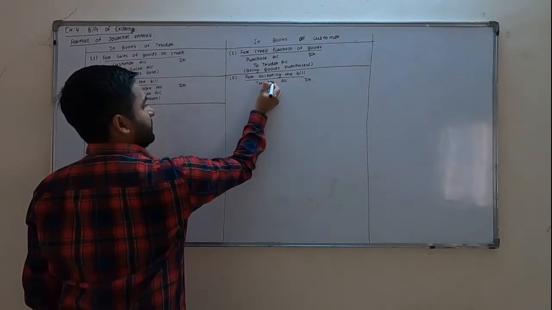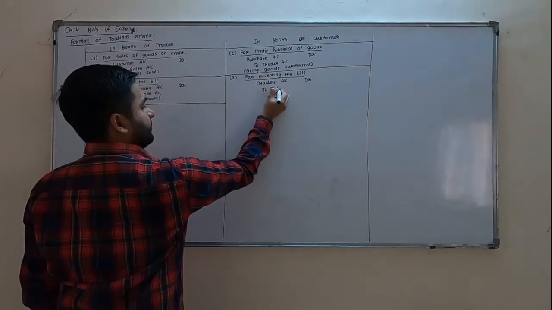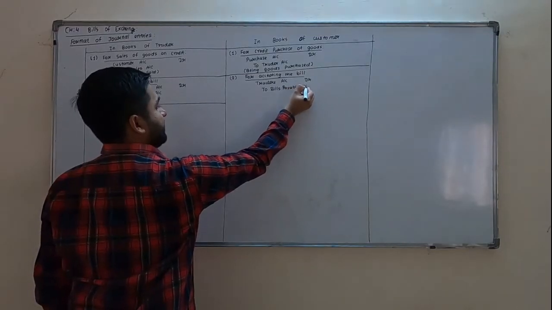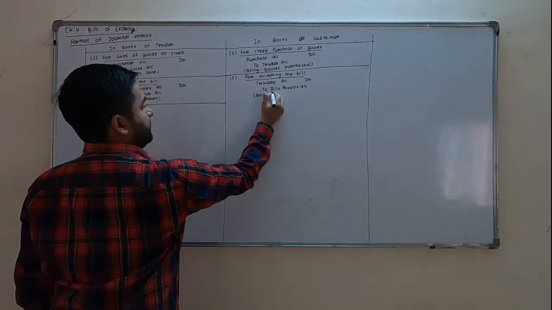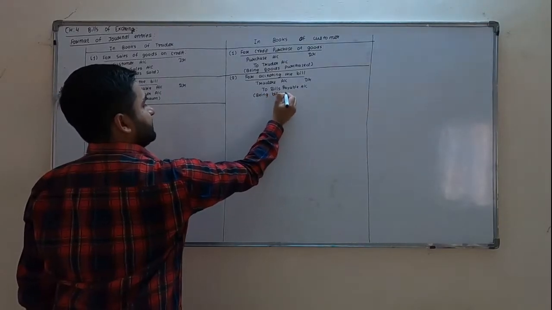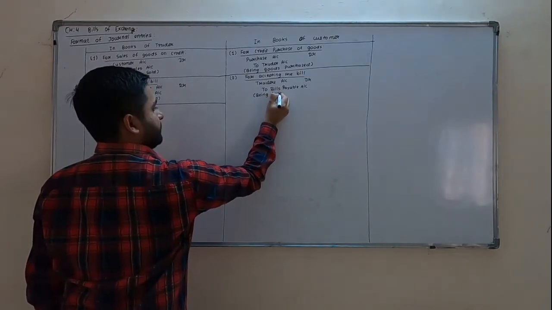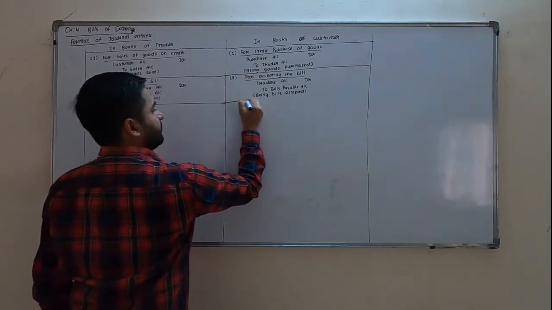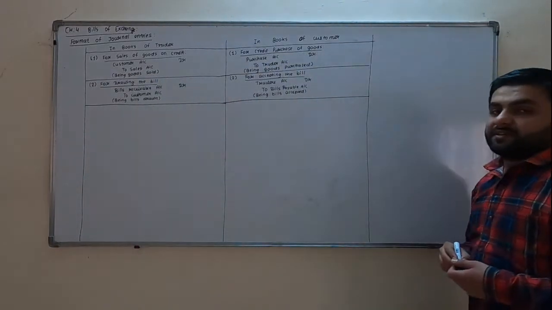Instead of creditor, traders account debit. Here the name will be given in the question, to bills payable account, being bills accepted. So we have completed 2 entries on each side.